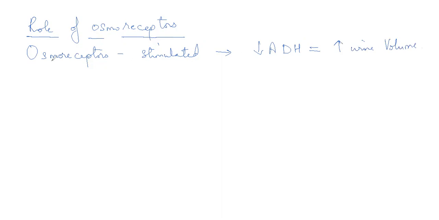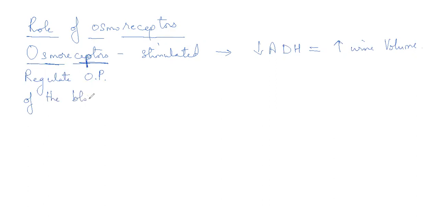In this manner, you can say osmoreceptors are the receptors which regulate the osmotic potential of the blood.